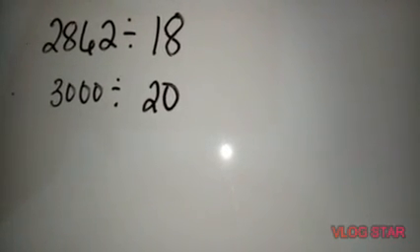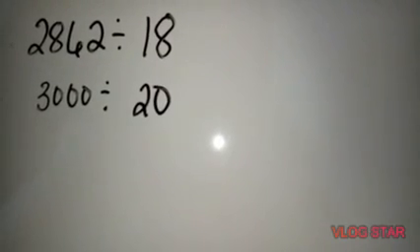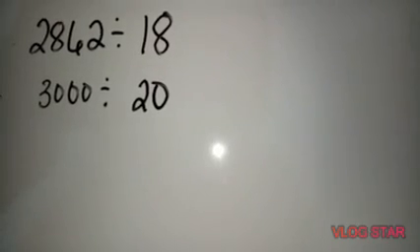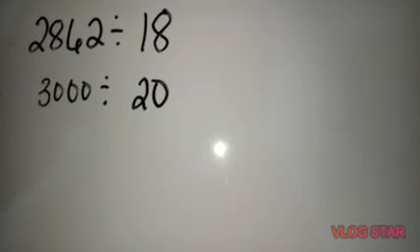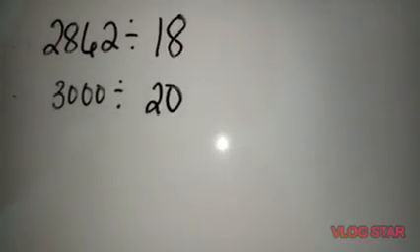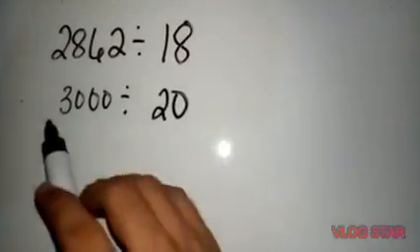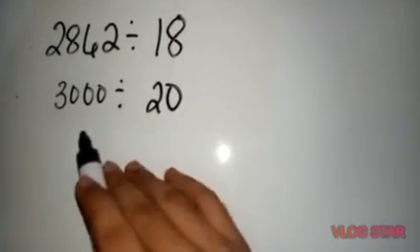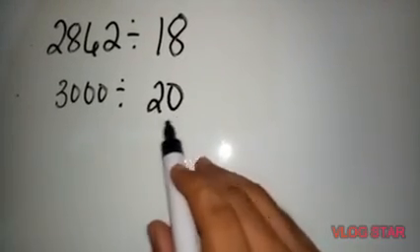One way to easily divide numbers is making it divisible by 10 or a multiple of 10. So after we round the dividend and the divisor, we can easily divide it.